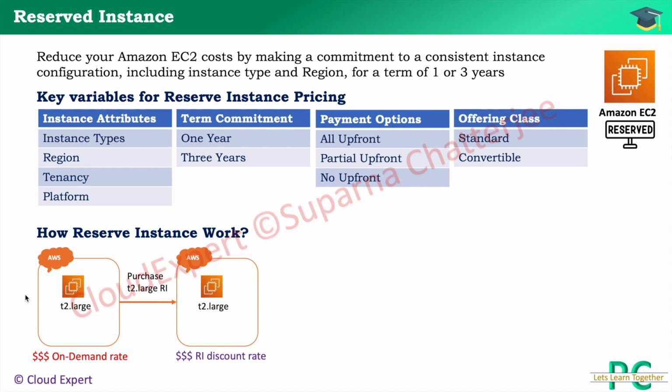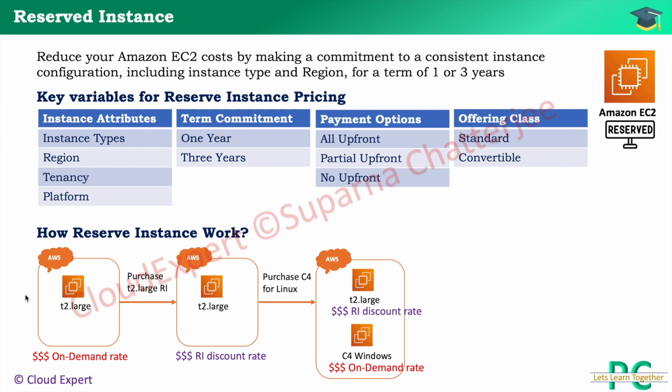Now let's say you have another requirement and you need another EC2 instance. You have purchased a C4 Linux reserved instance, but you have launched a C4 Windows. In that case, for T2 large, you are getting the reserved instance discount, but for C4 Windows, you are paying the on-demand rate because your reservation was on C4 Linux.